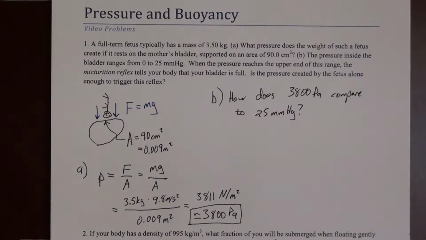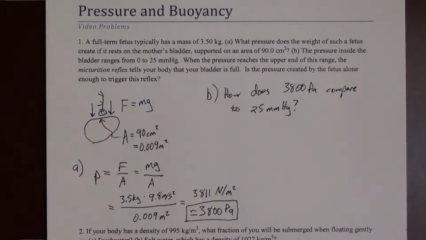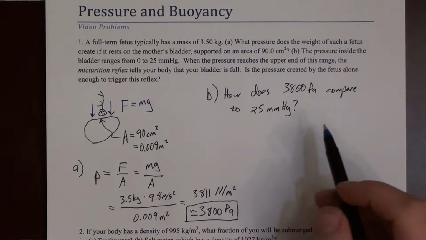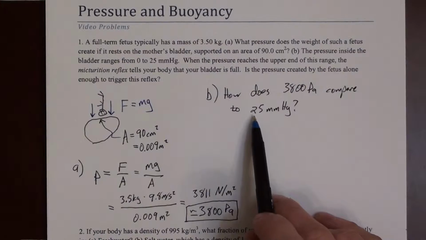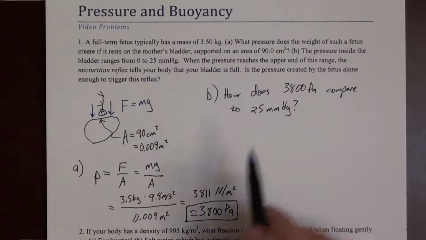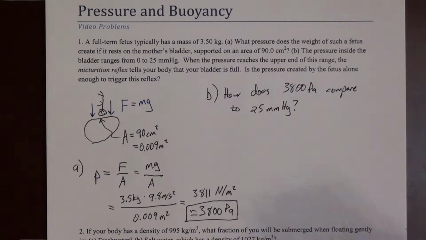All right, so in order to answer that question, I need to know what is 3,800 pascals in millimeters of mercury. Or I could convert 25 millimeters of mercury to pascals. I'm going to do the former in this case.